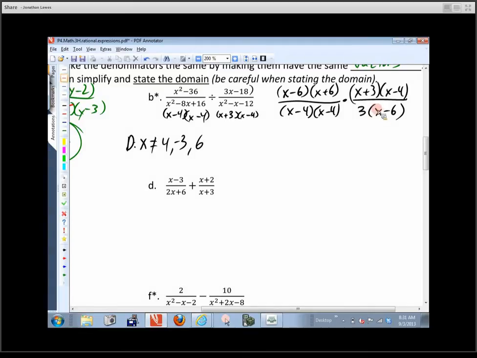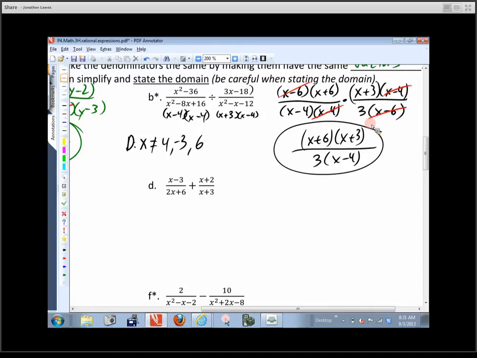Let's go ahead and simplify this. I can cancel off the x minus 6 with the x minus 6, and x minus 4 with an x minus 4. So when I write the simplified answer, I've got x plus 6 on the top with an x plus 3. And on the bottom, I'm going to slide the 3 out in front just because we normally do that. That's just convention. And then this right here would be the answer.